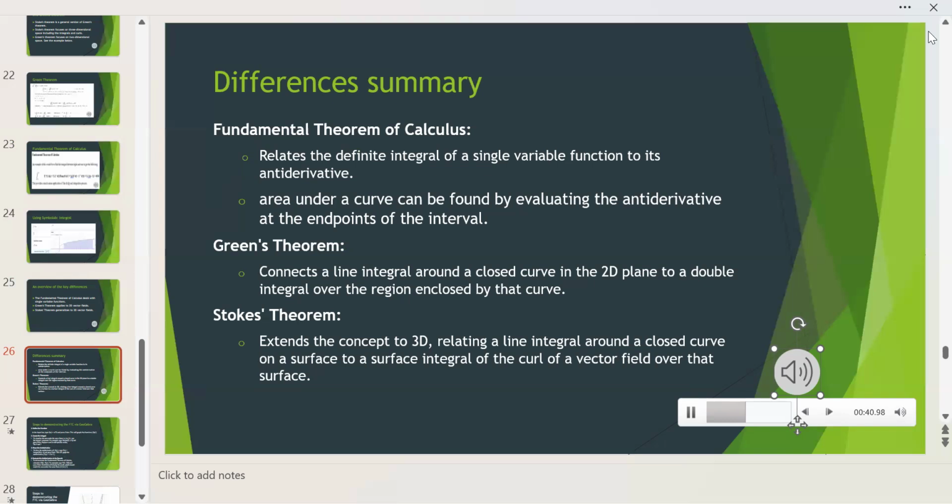If we look at Green's theorem, however, it connects the integral around a closed curve in the two-dimensional plane to a double integral over the region enclosed by that curve.